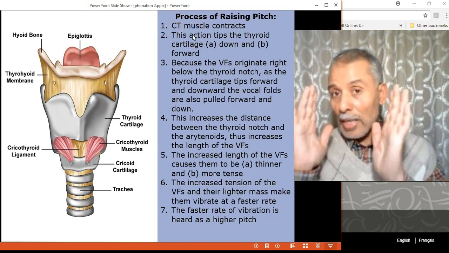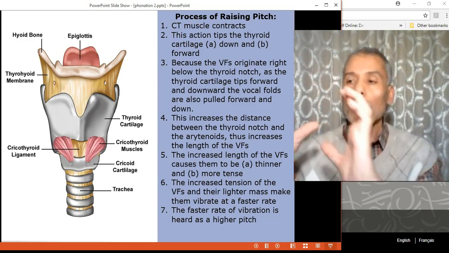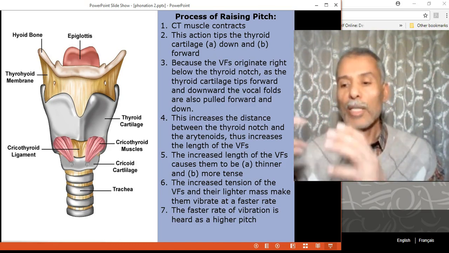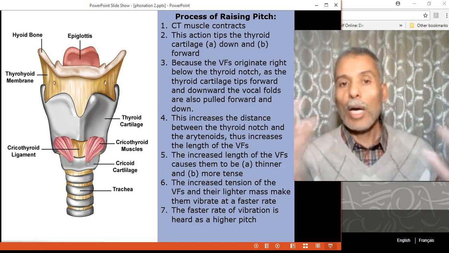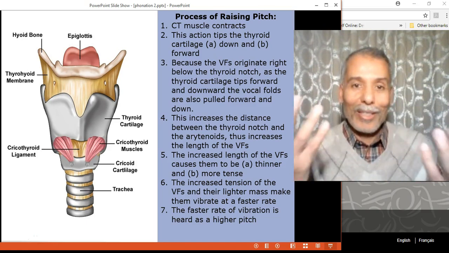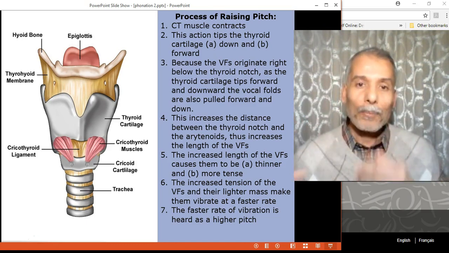If you want to mention it again later, yes, you say the cricothyroid muscle, parentheses, CT. And then from now on, I understand that you will mention it again. But to just begin like this without naming it means to me that you are not certain. It is easier to remember CT, but I need you to know the full name.